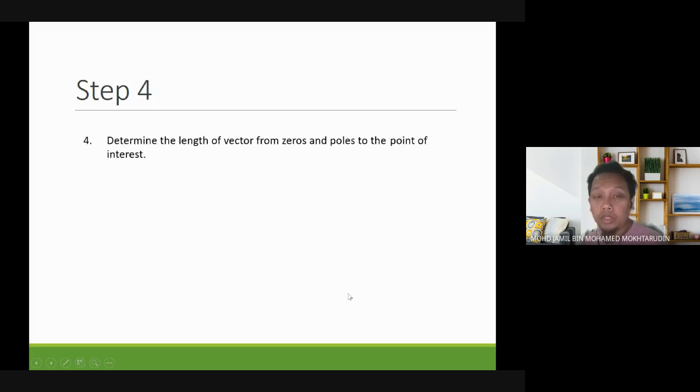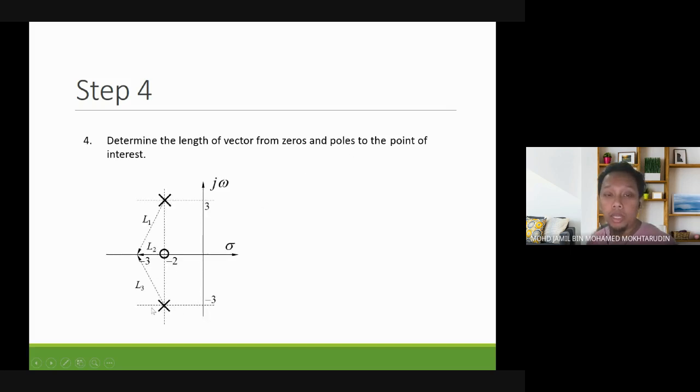Then next, we want to determine the gain k when the point is on the root locus. So firstly, we need to determine the length of the vector from zeros and poles. So again, we look at our sketch on the S-plane. We need to determine the length from the cross and circle here, poles and zeros, to the point of interest, which is minus 3. So the first length is L1, second length is L2, and third one is L3.